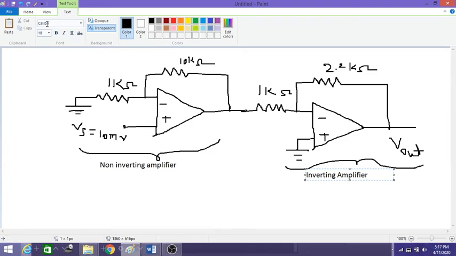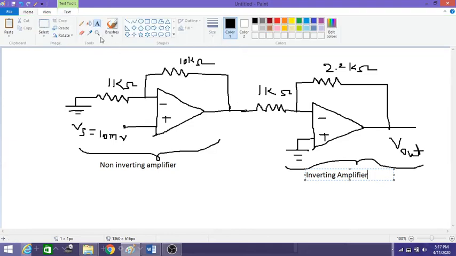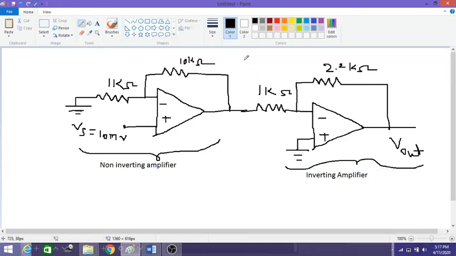We have to treat this part by part. First we will analyze this circuit, then whatever output we get will act as Vs for the next circuit. So I'll call this the intermediate output voltage VO1, where VO1 is equal to Vs1, the intermediate input for the second circuit.